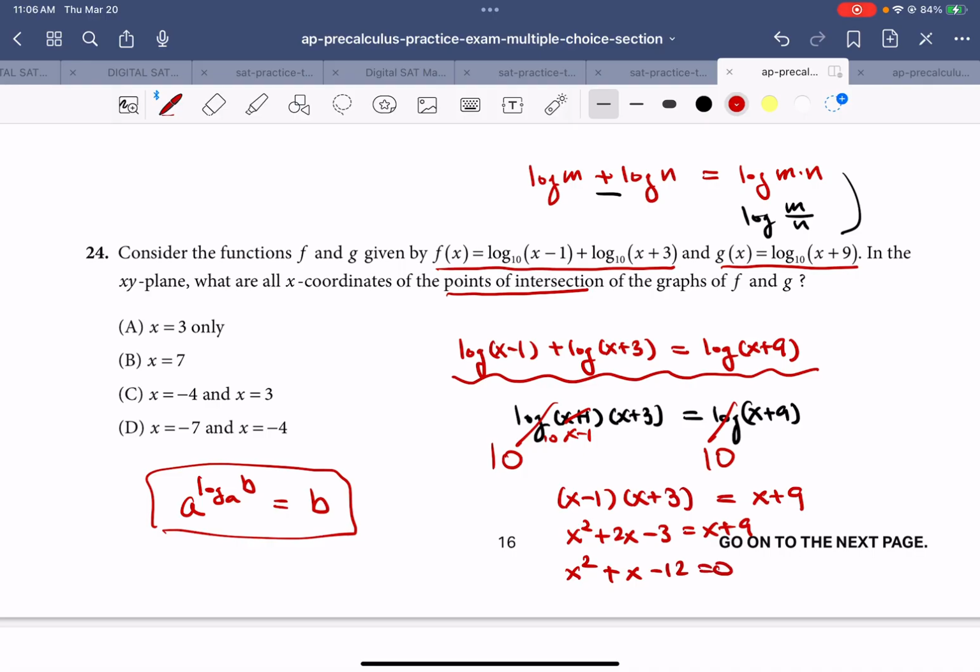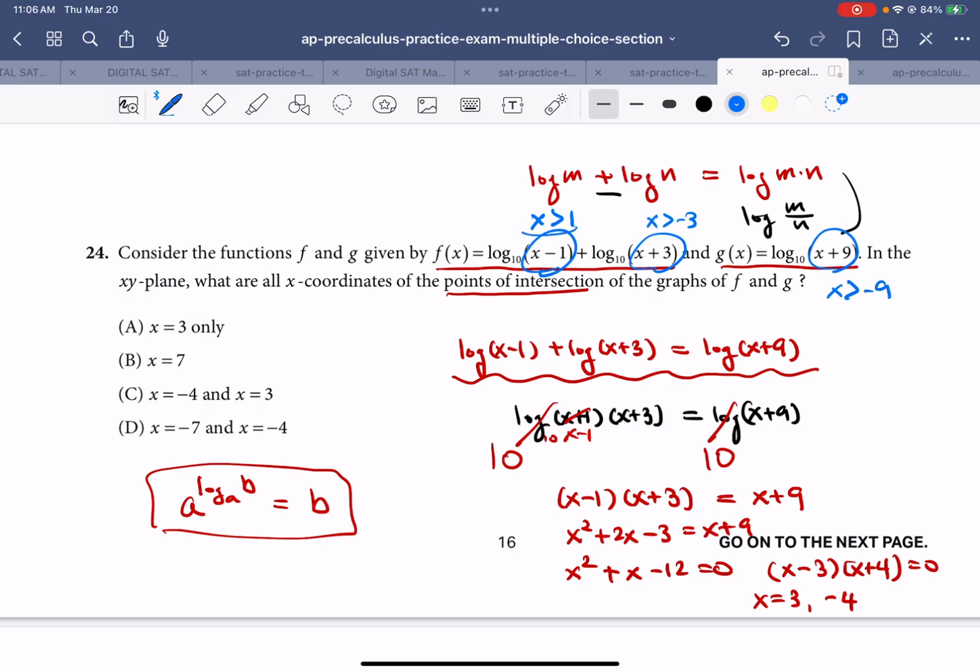Then you factor: x minus 3, x plus 4 equals 0, and you get x equals 3 and negative 4. Now you have to think about the domain. For the logs, x minus 1 has to be greater than 0; this one, x has to be greater than negative 3; this one, x has to be greater than negative 9.